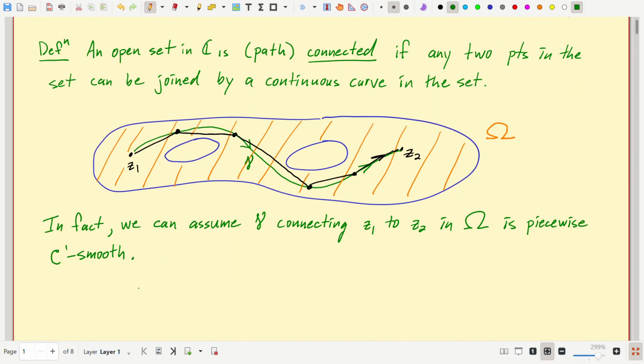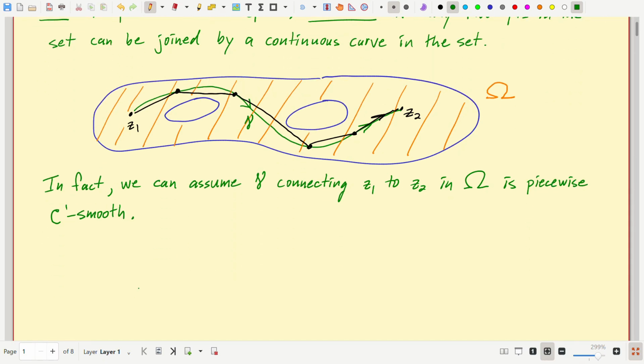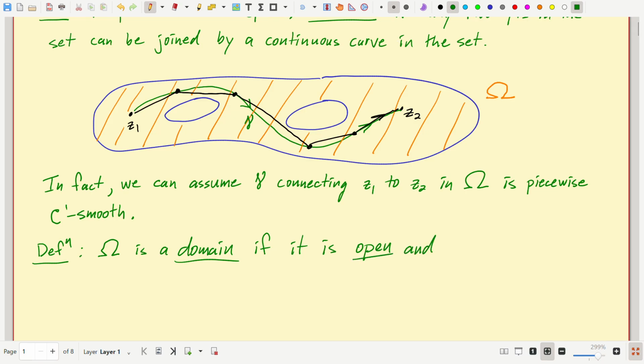So the basic objects that we're going to study are functions on a special kind of thing called a domain. Omega is a domain. Some books use the word region. If it is open and connected. And by connected, I mean path connected.